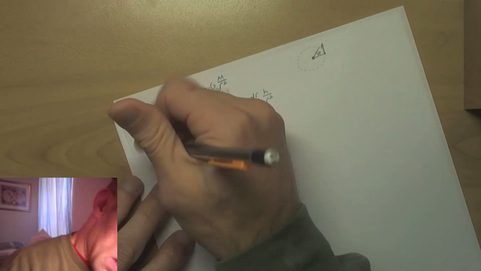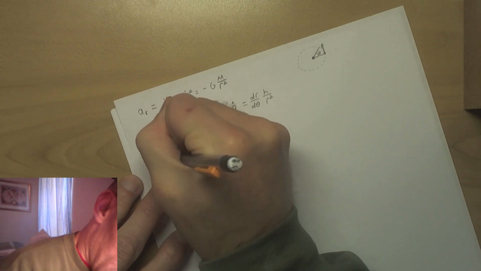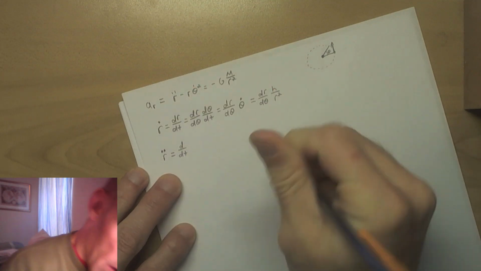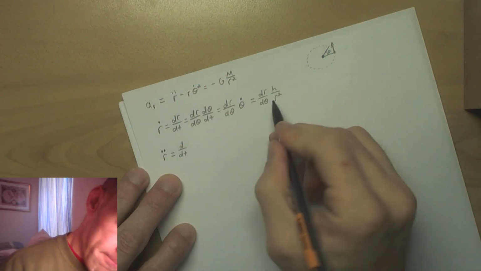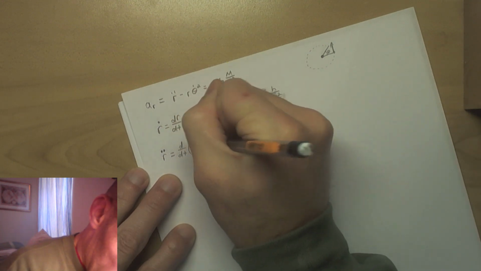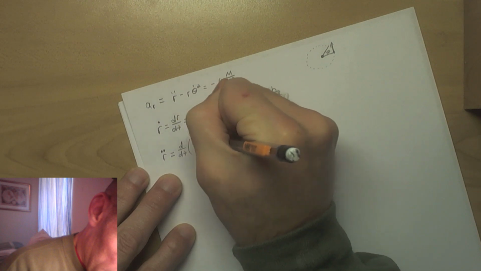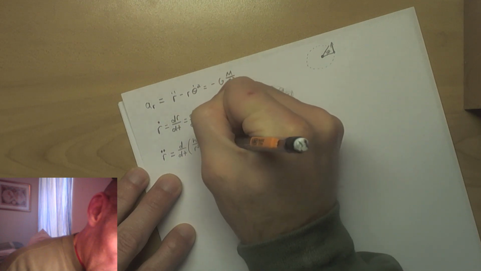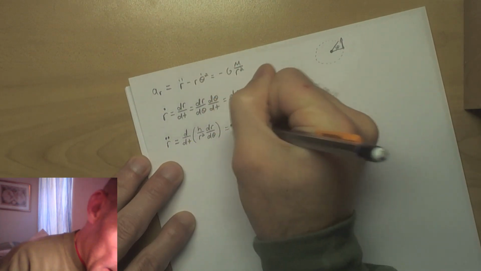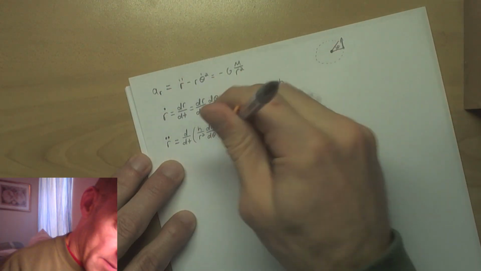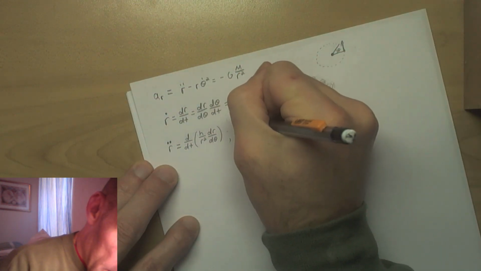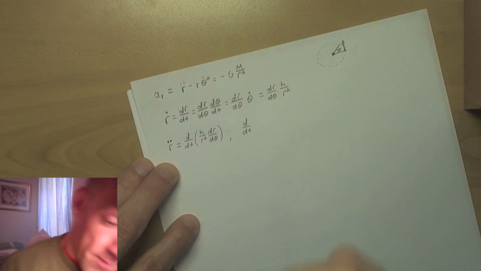So now r double dot is equal to the time derivative of this quantity here, and again we're going to use the chain rule to differentiate with respect to time.